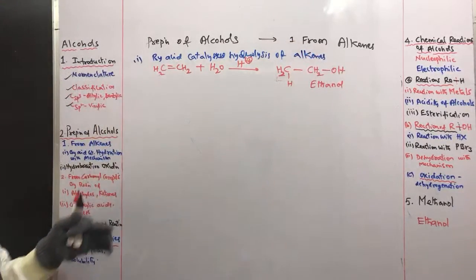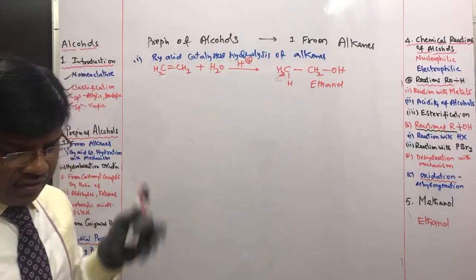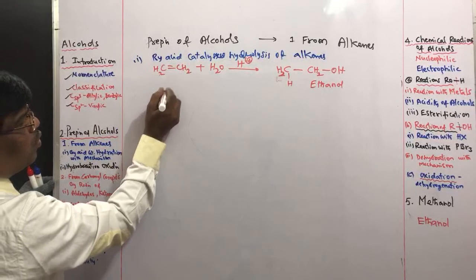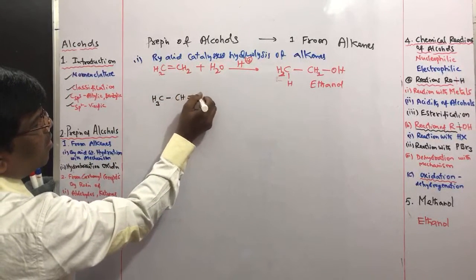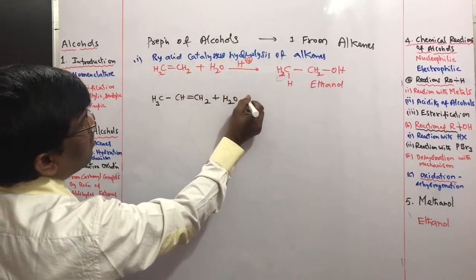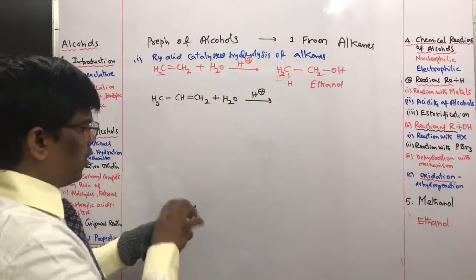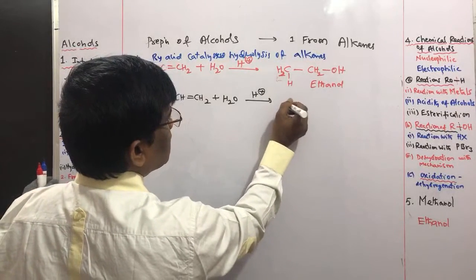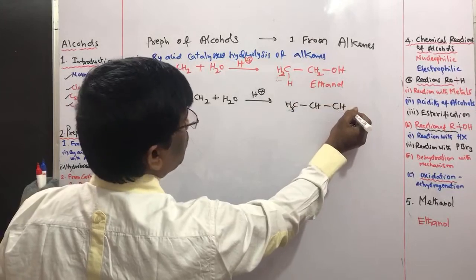Yes, so we learn how it is going to hydrolyze. For example, if I take propene, CH3 CH double bond CH2, and do hydrolysis in presence of H plus, what is the alcohol I am going to get? Just guess.